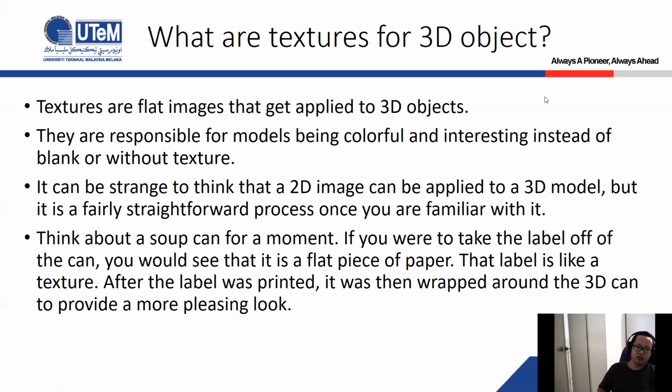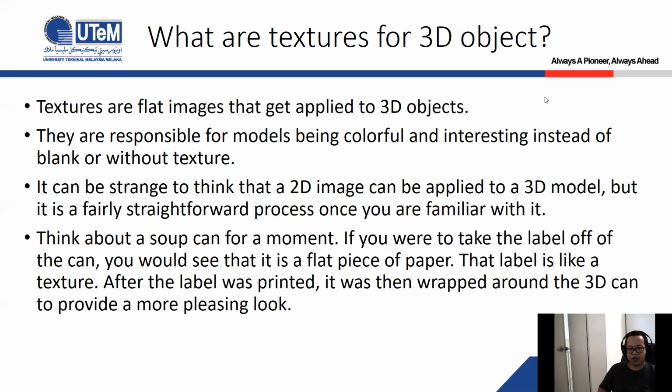It can be strange to think that a 2D image can be applied to a 3D model, but it is a fairly straightforward process once you are familiar with it. Next, think about a soup can for a moment. If you take the label off the can, you will see that it is a flat piece of paper.